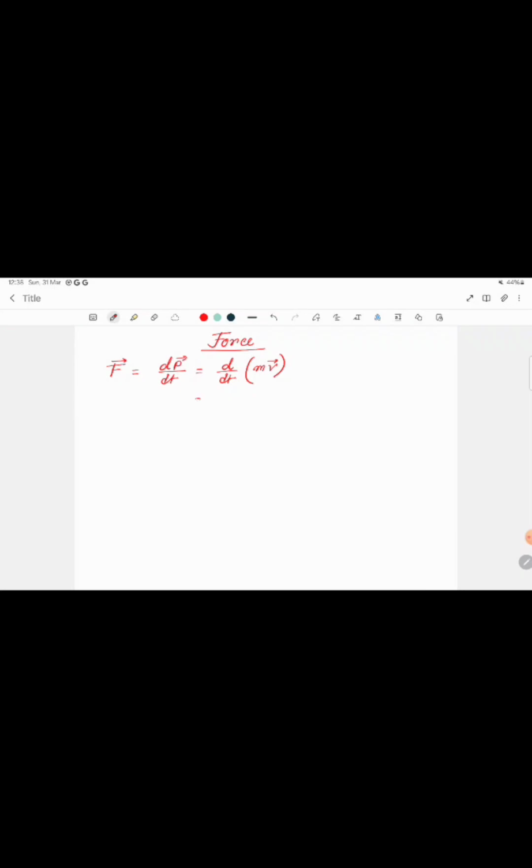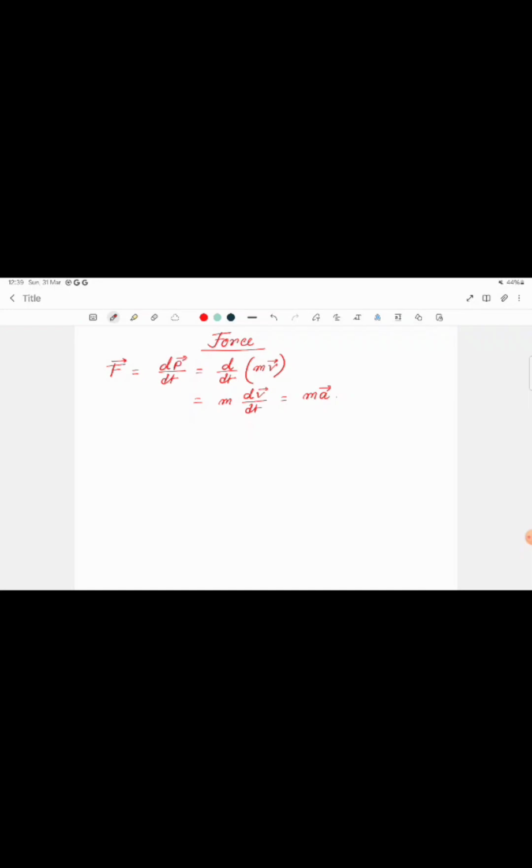From there we can write: m is a constant term, so we can take it out, and d/dt of v means dv by dt. So we can easily write mass into acceleration. This part we have already done in class 9.